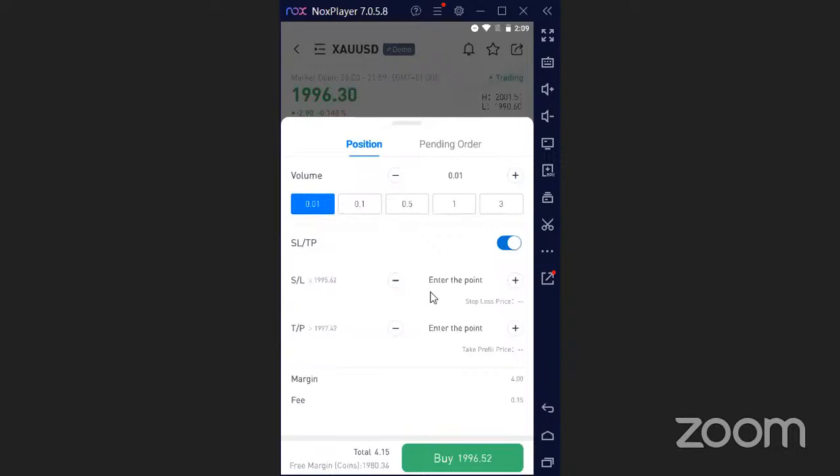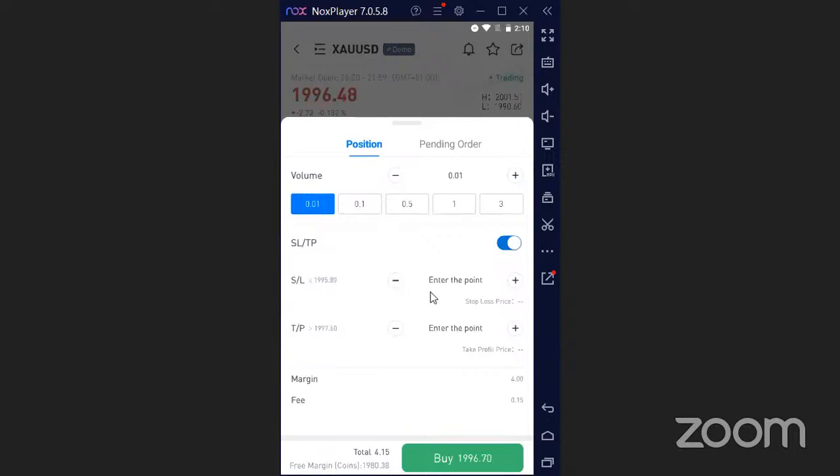That means we are losing. So now that you are losing, you don't want to stay in the market until your funds get liquidated.